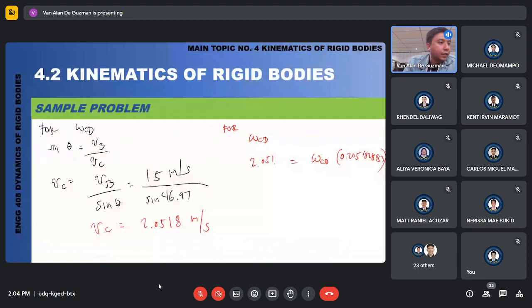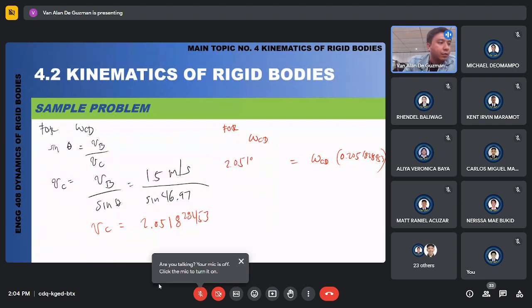Sorry, dapat pala hindi tayo nagumit ng value, hindi pa pala final answer to: 2.051828453. And this one is in meter per second.